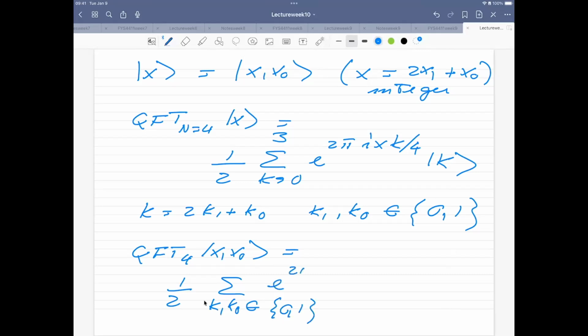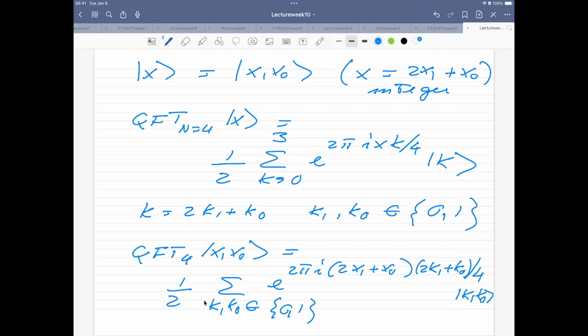So I have e to the 2 pi i of 2x1 plus x0, and then I have 2k1 plus k0. So it should be a plus here. Let me be a little bit more careful with the signs. Plus k0, these are the values, and divided by 4, multiplied with k1 and k0.